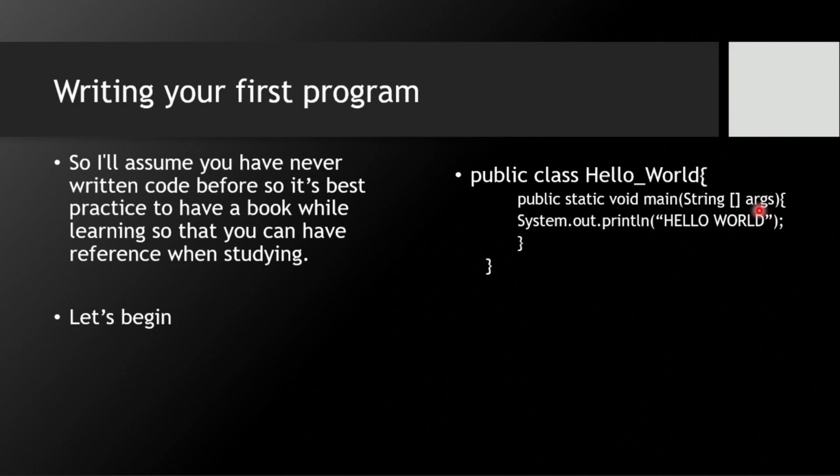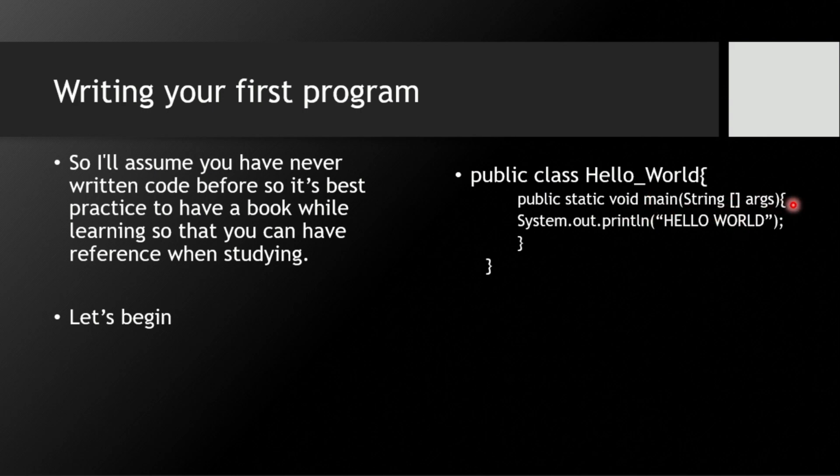This is part of the syntax of the method, and this method allows us to print out whatever we want as a void method. We don't have any return type here because this is void, and I'll explain it later when I talk about methods.